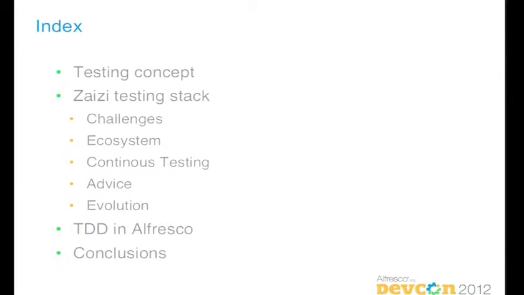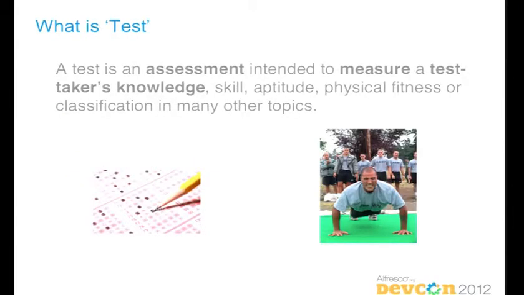I come from Spain, and I'm pretty bad at defining concepts in English, so I use my friend Wikipedia to describe what a test is. According to Wikipedia, a test is an assessment intended to measure a test taker's knowledge, skill, aptitude, physical fitness, or classification in many other topics.